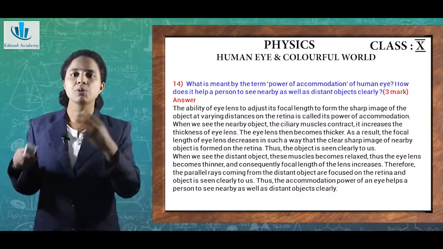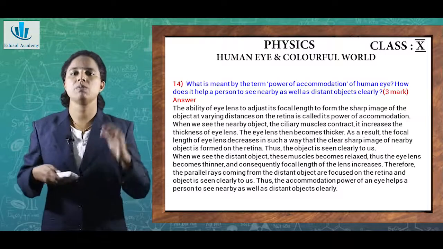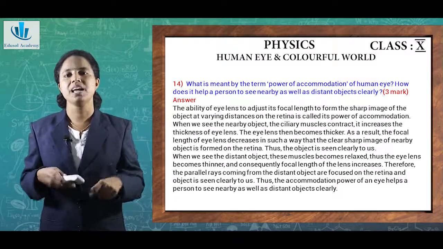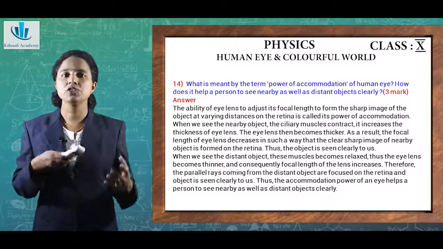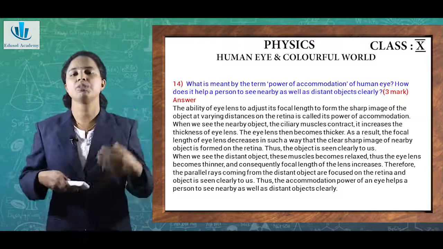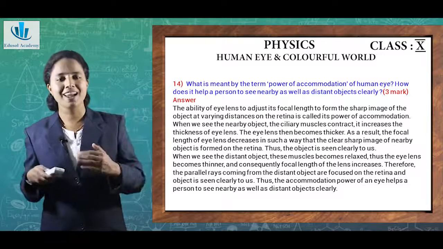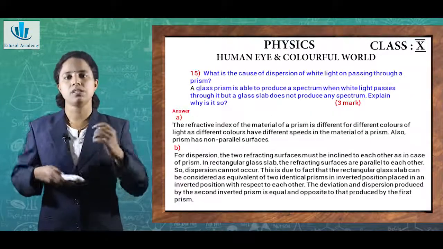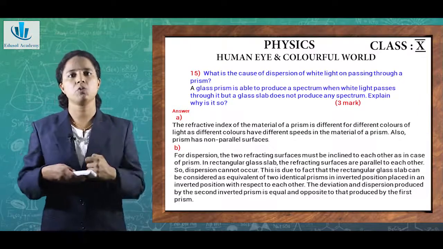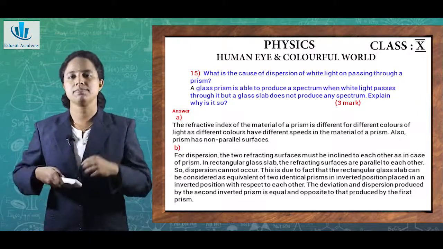So, the parallel rays coming from the distant objects will be focused on the retina and the object is seen clearly by us. So, the accommodation power of the eye helps a person to see both nearby as well as distant objects clearly.